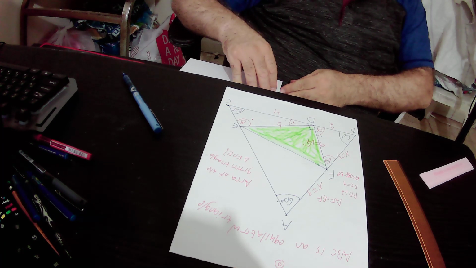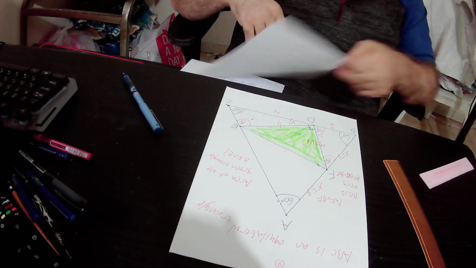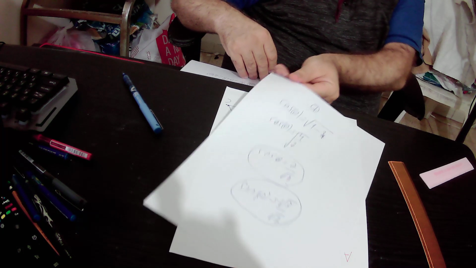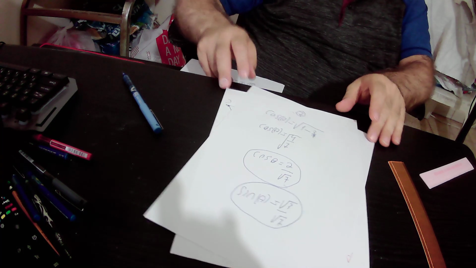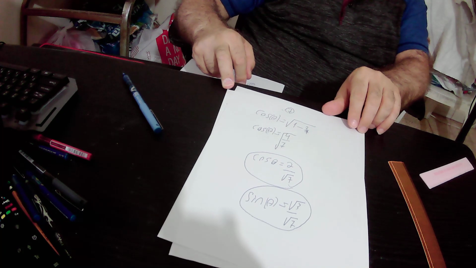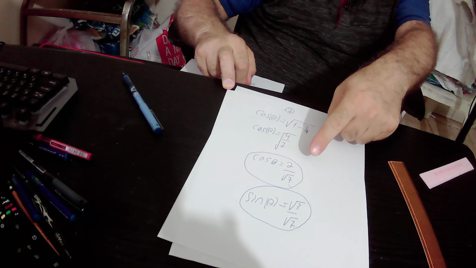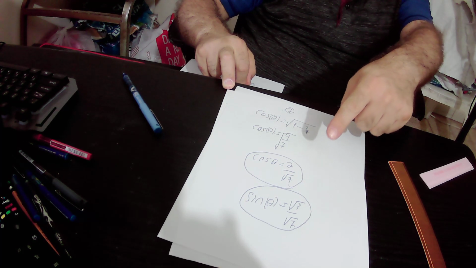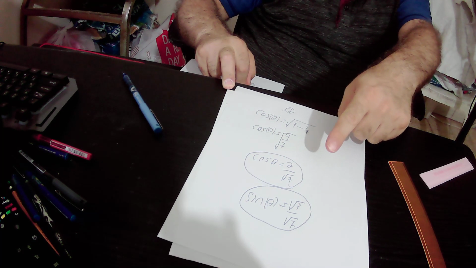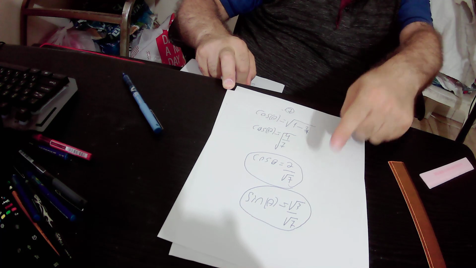Okay, and we got that cos θ equals the root of 1 minus 3 over 7, and the value of cos θ is 2 over root 7, and we have already found that the value of sin θ equals root 3 over root 7.